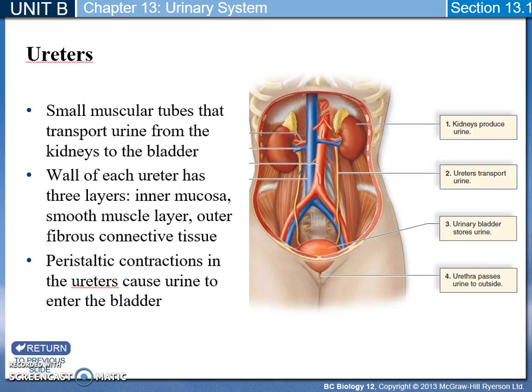It has an inner mucosa that can tolerate urine, and the only places where that can take place are within the excretory system. It also has a smooth muscle layer and an outer fibrous connective tissue layer. So peristaltic contractions in the ureters cause the urine to flow into the bladder.